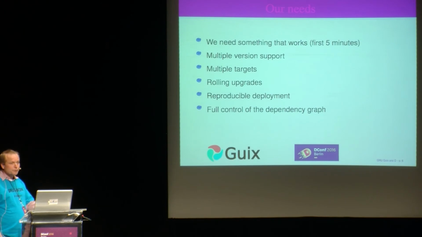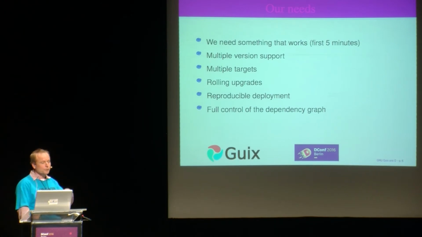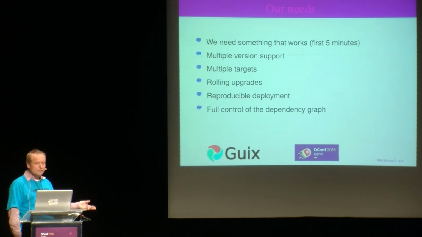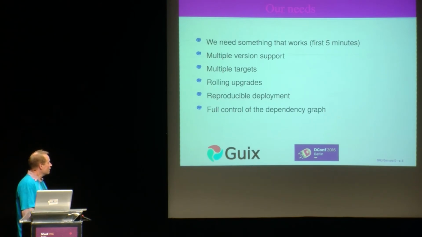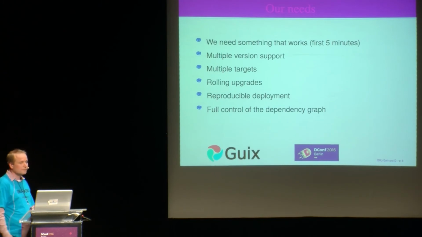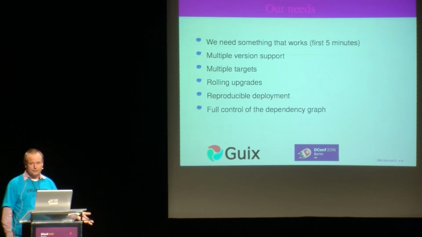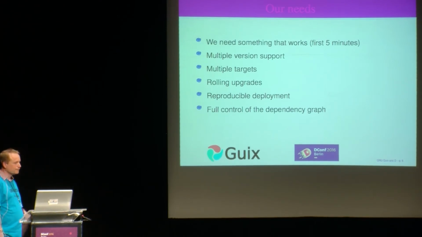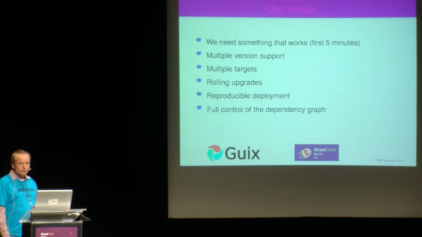As programmers, we want multiple version support. We want to run multiple versions of the language itself, but also of the underlying libraries. We want multiple targets, including development and testing. And I think it's key, and once you get used to this, rolling upgrades are awesome. And then one of my hobbies is reproducible deployment.